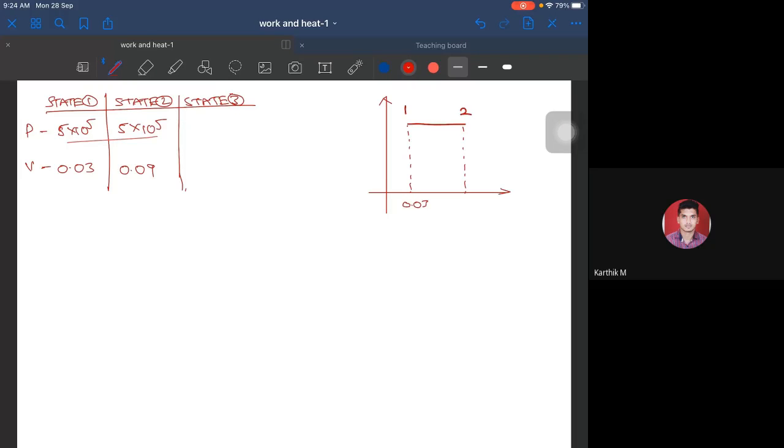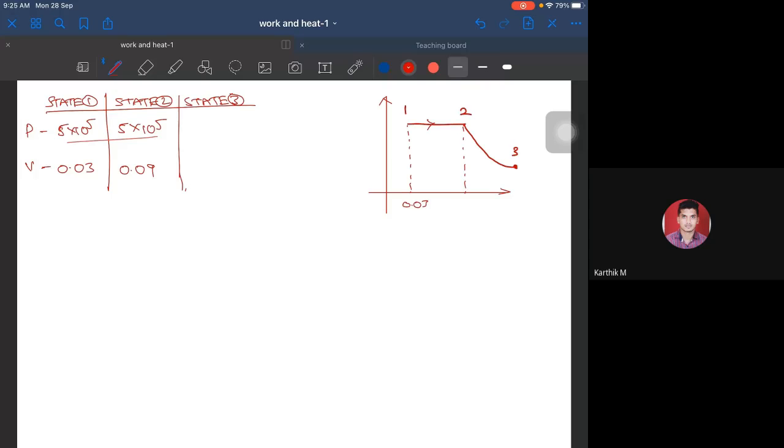How many processes are there, by the way? Polytropic expansion is also there, from state 2 to state 3. State 3 volume is given.